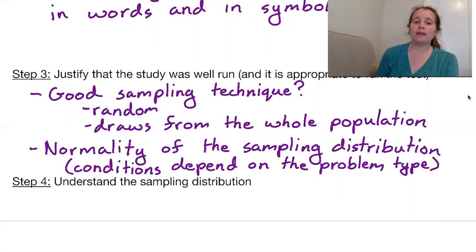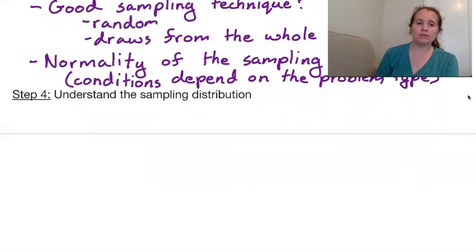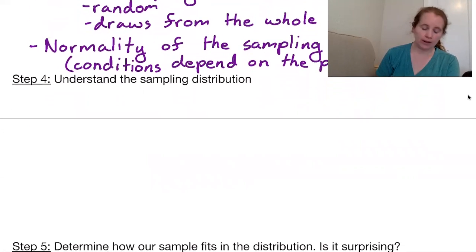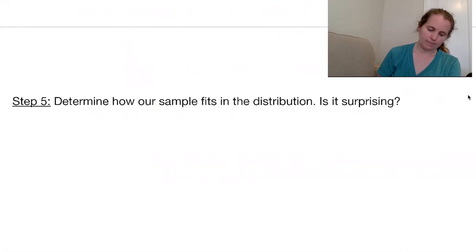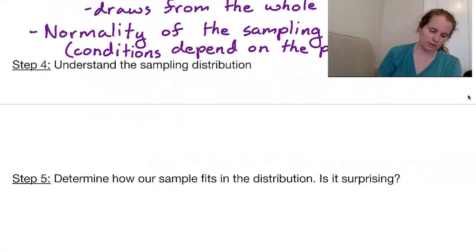From here, we need to understand the sampling distribution. So we will need shape, center, and spread. Again, these will depend on the problem type.